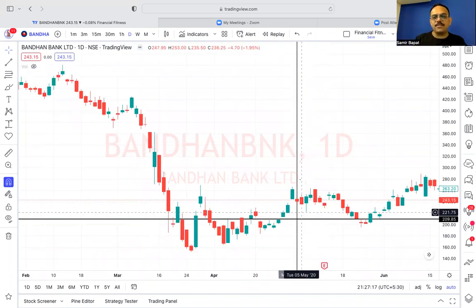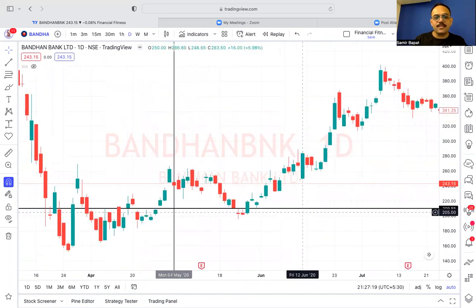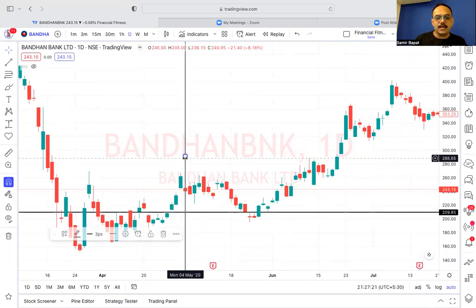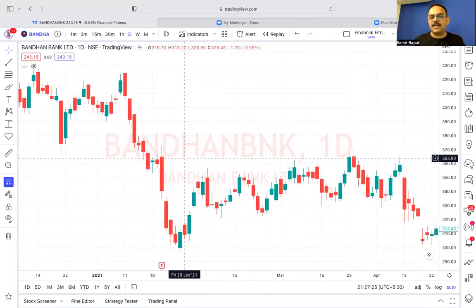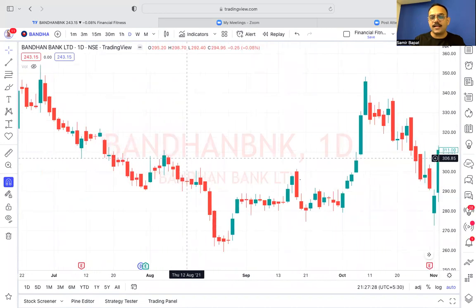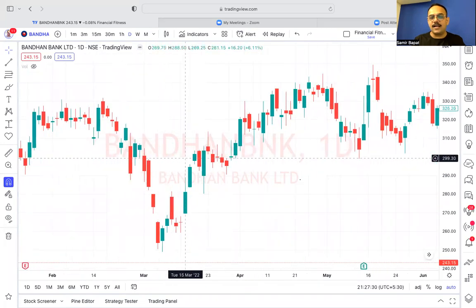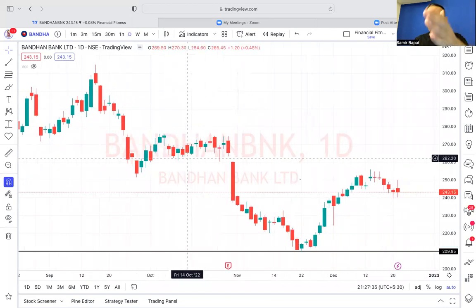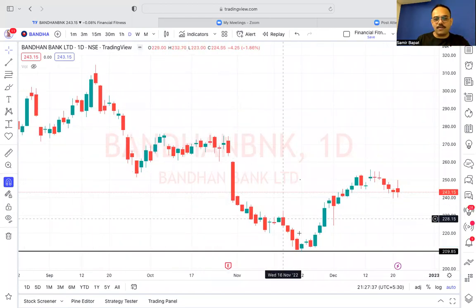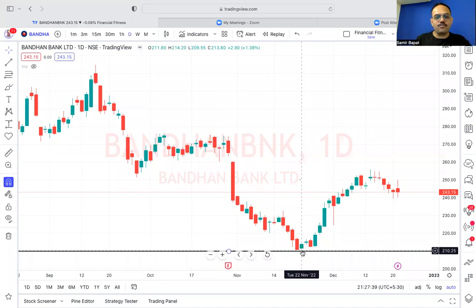This was two gaps, and what happened was after 2 years, when the price started falling, after April 2020, this Bandhan Bank came down and it got stopped here.